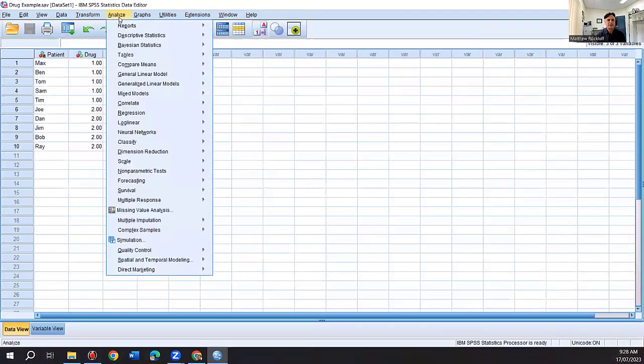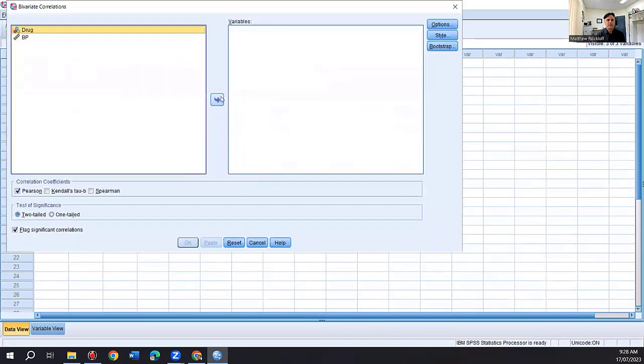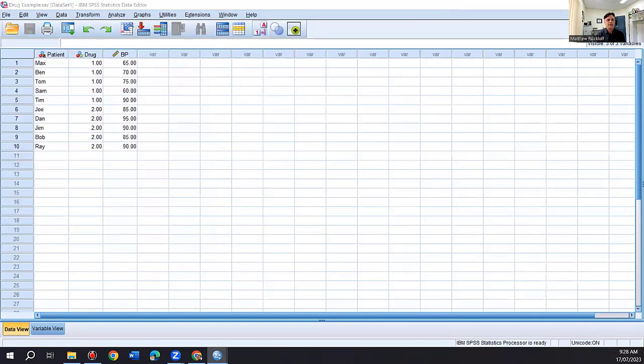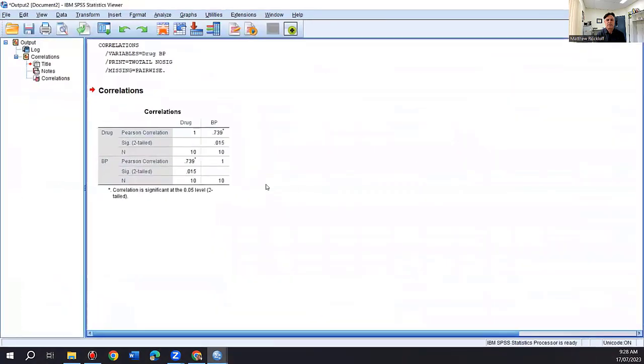So the next technique that I'm going to use is to analyze this with a correlation. So I'm going to go Correlate, Bivariate, and then I'm going to enter drug and also blood pressure to see the relationship between the two. I'm using Pearson correlation, two-tailed test, and then I'm going to click OK, and the results come up on this screen.